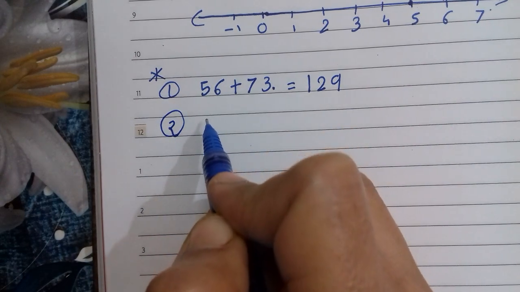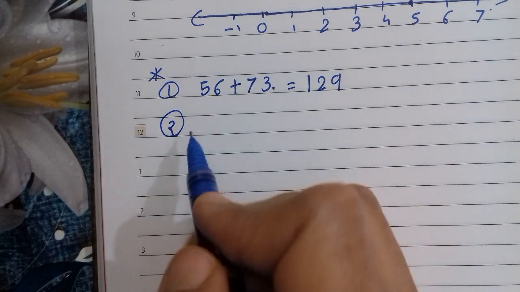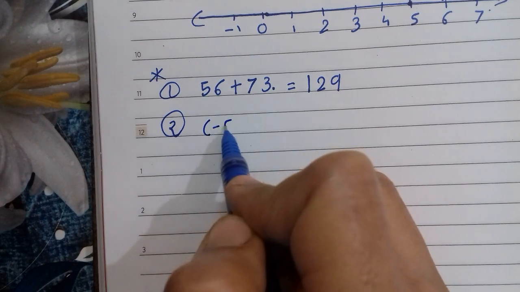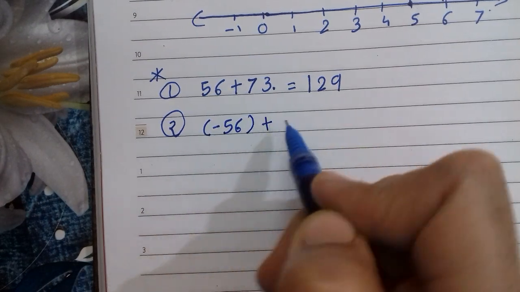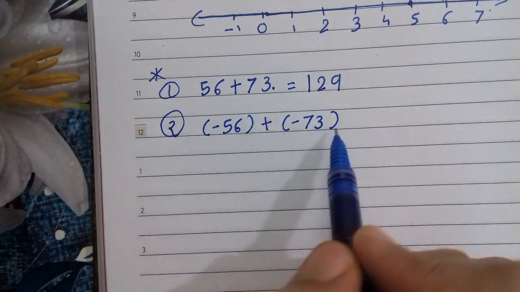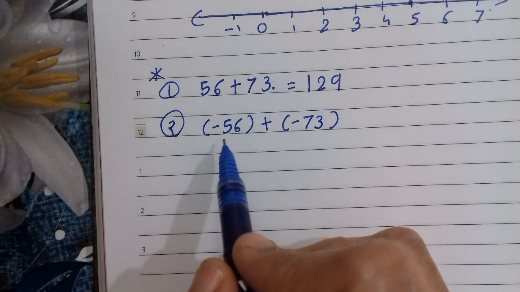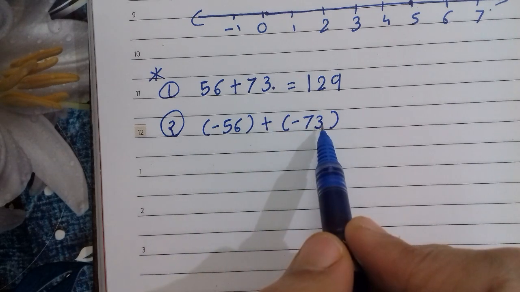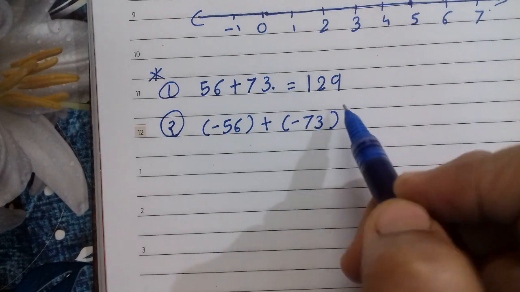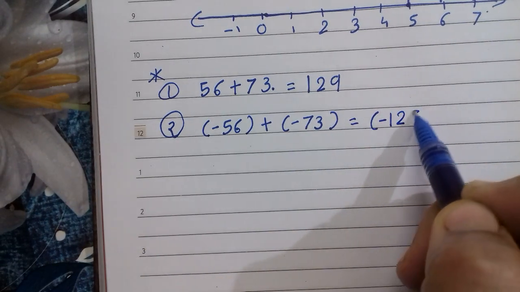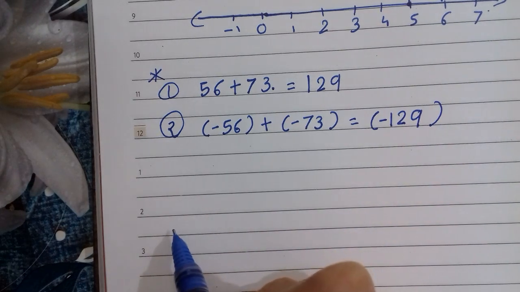Second, when two negative integers are added, for example, minus 56 plus minus 73, both the integers are negative, so we get a negative integer. So the answer is minus 129.